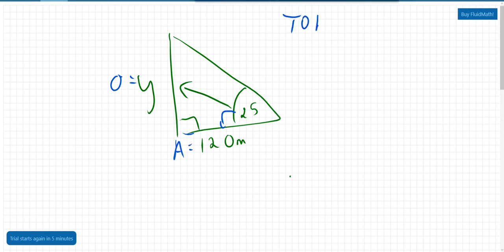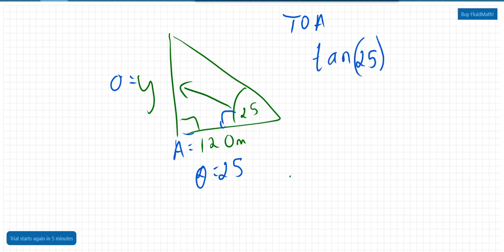I know that tan, TOA, has O and A. And my angle theta will be 25. So, write the formula. Tan 25 is equal to y over 120. Now, my variable's on top, so it's pretty straightforward.